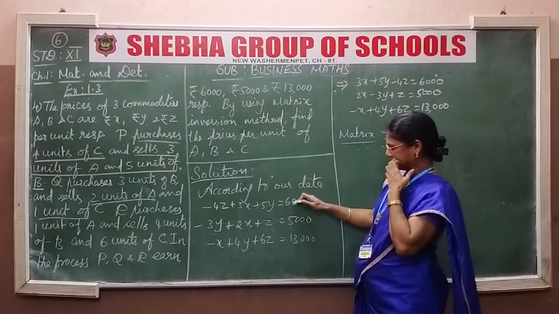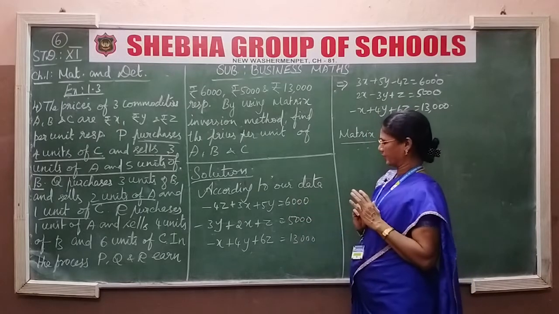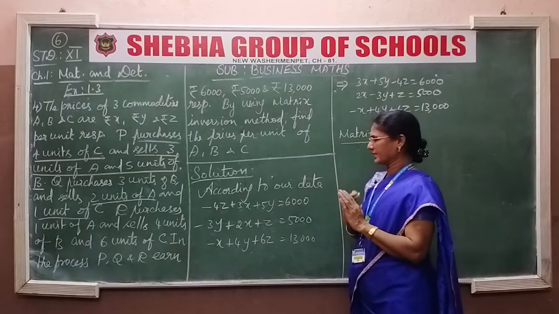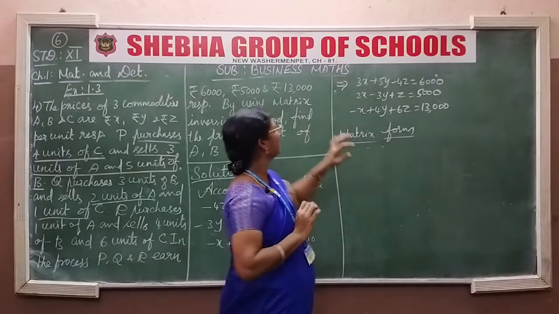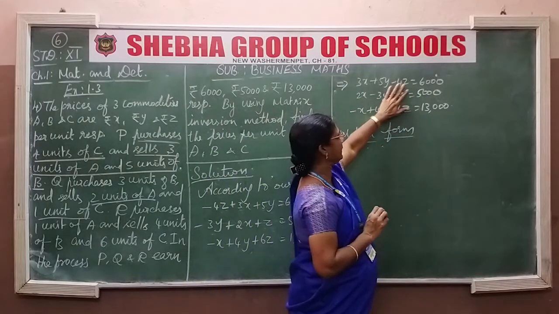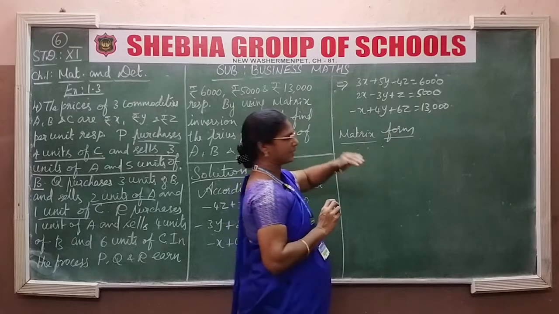So we substitute these respective cases. Now x, y, z are not in order, so first rearrange the order. First x, second y, then z, arrange and write like that. Next, what should we do? Matrix form.